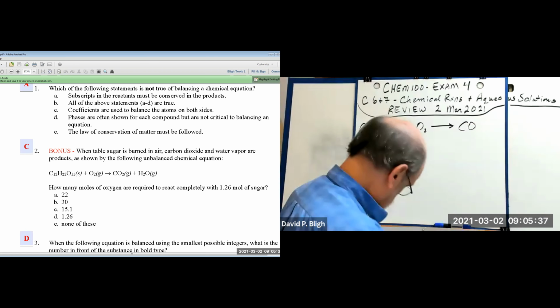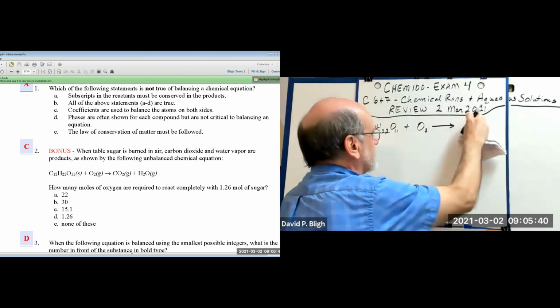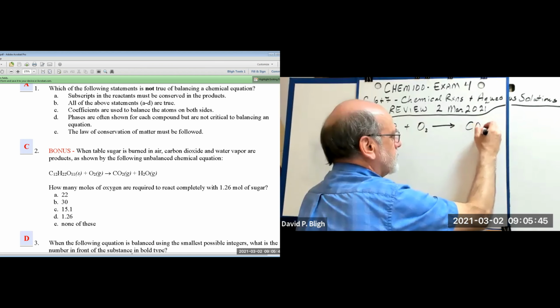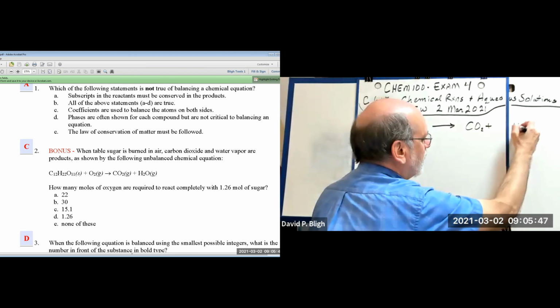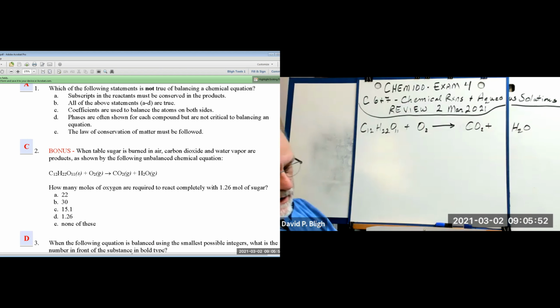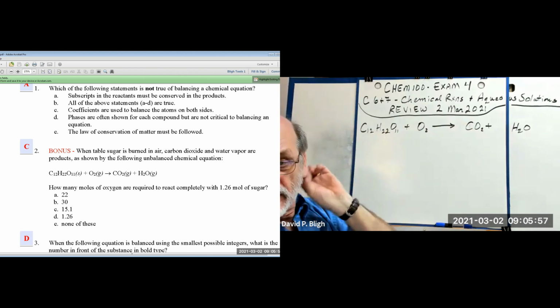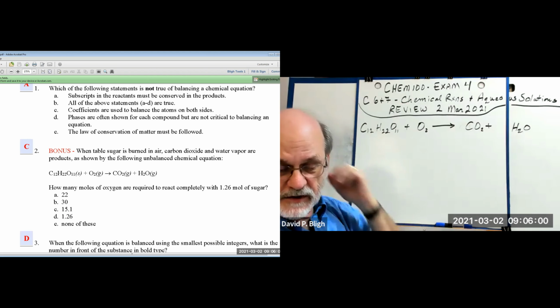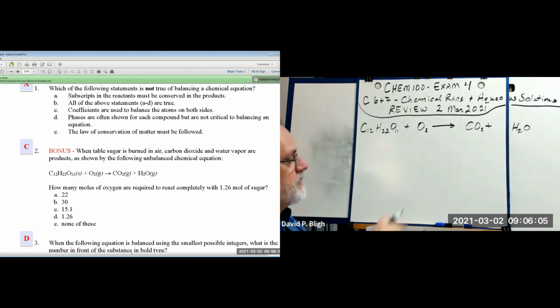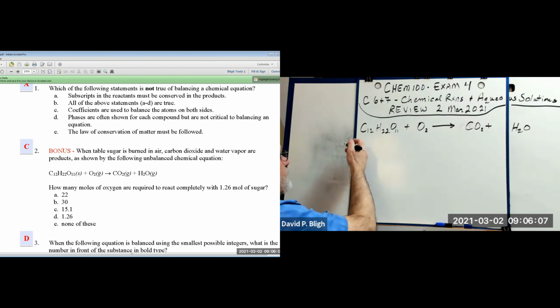Overall reaction. Let's see, I better leave myself a little bit of room here for coefficients. There we go. All right. So we know that's not balanced because there are 12 carbons here and only 1 carbon there. So this is one that you probably want to use the budgeting procedure for. Identify your elements and put them out here. So there's carbon, hydrogen, oxygen. That's it.